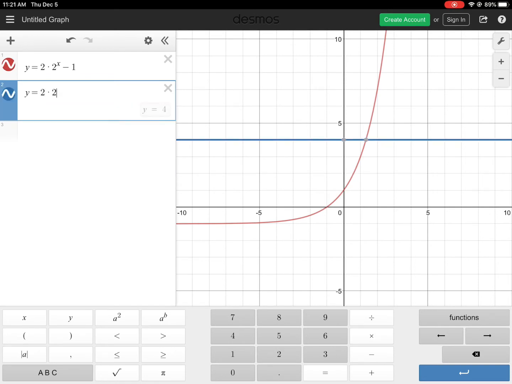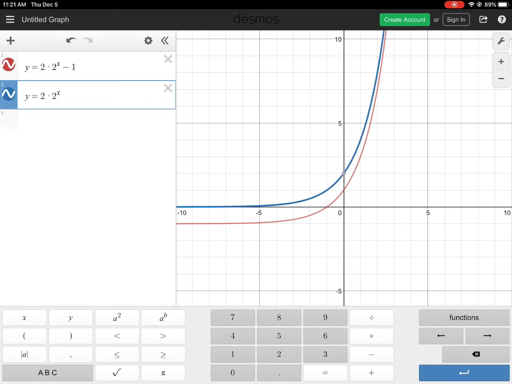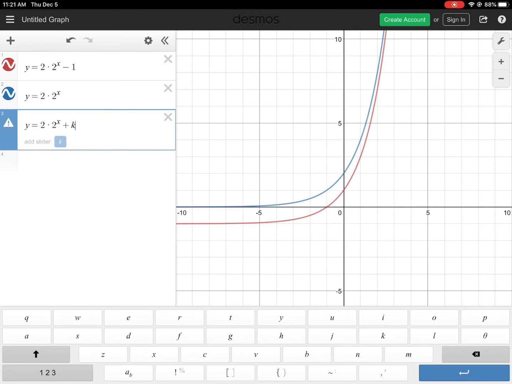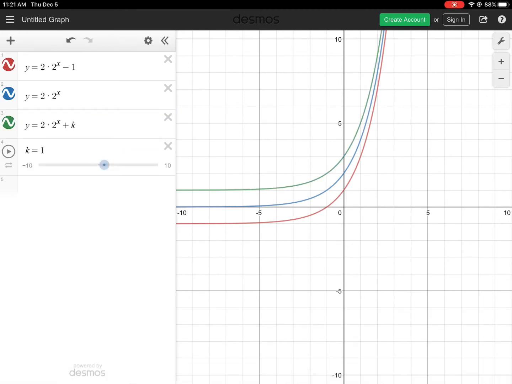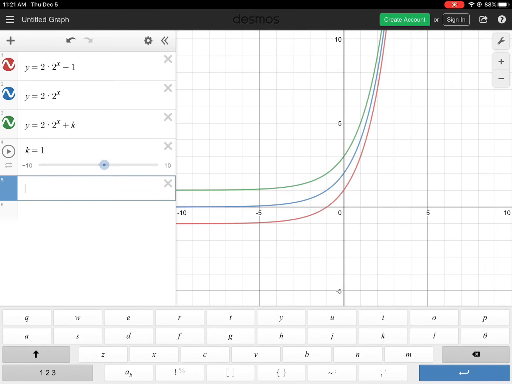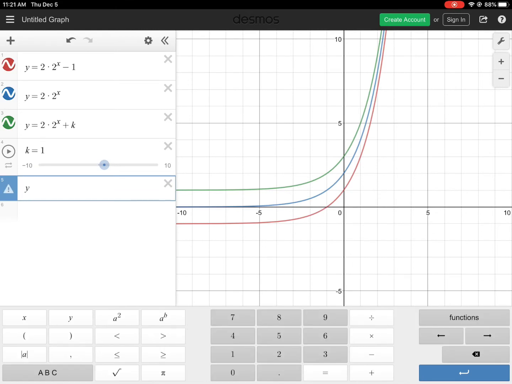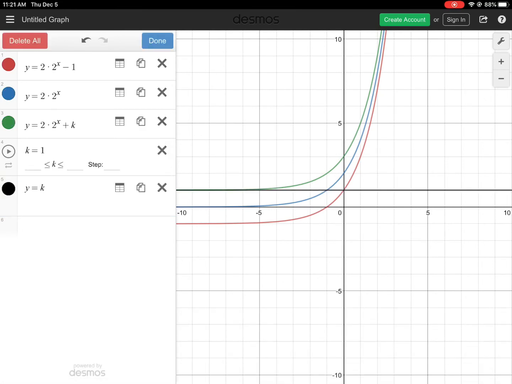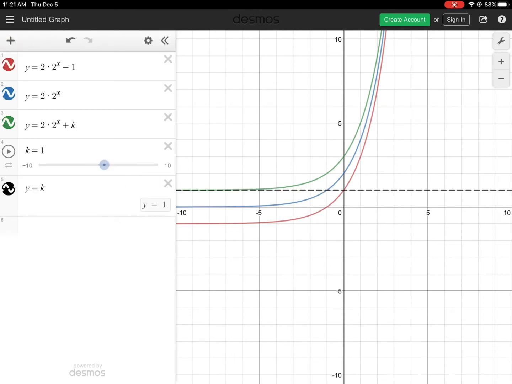So we have y equals 2 times 2 to the x, which is our original, and then y equals 2 times 2 to the x, and then let's put a plus k here and add a slider, okay? We should probably also do a y equals k. Kind of shows that asymptote, right? Except let's make this go dashed.